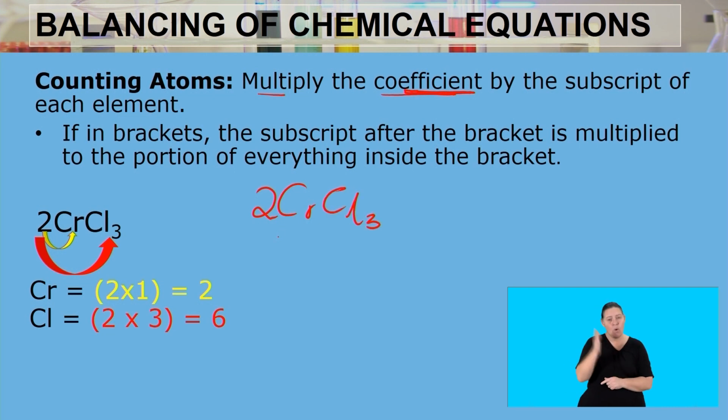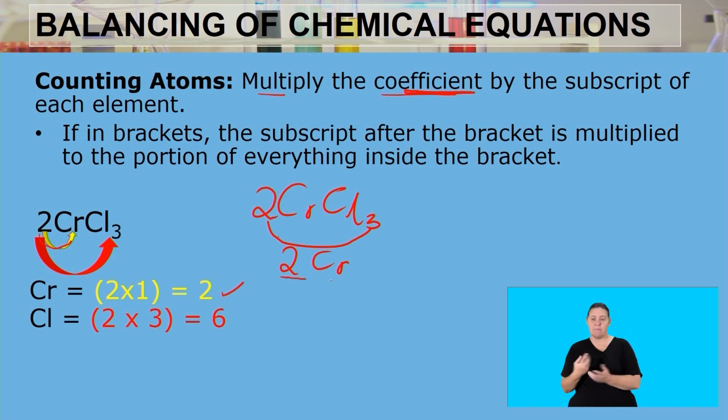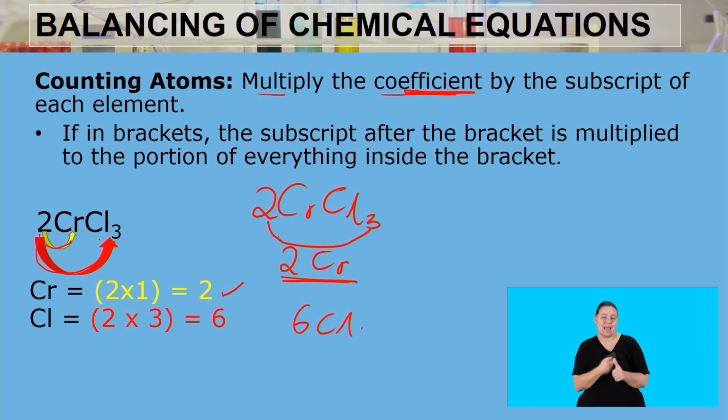From here, we know that we have 2Cr, because we multiply the 2 with the 1, and then we get 2. That means we have 2Cr. Then for the Cl, we multiply the 2 with the 3, so you're going to have 6Cl. That's what I mean by counting of atoms.